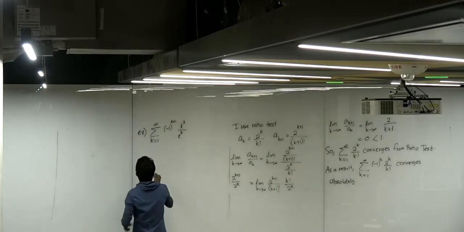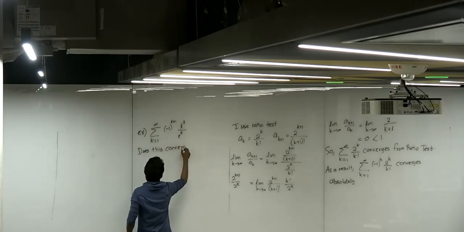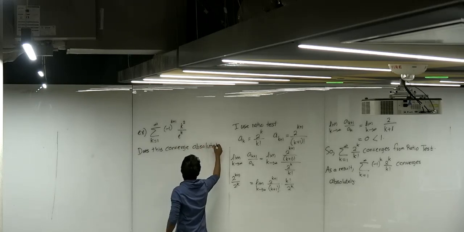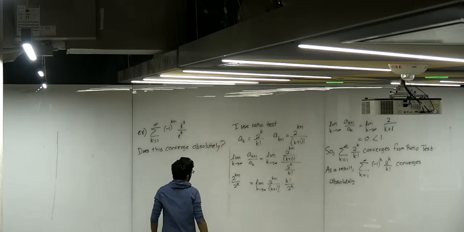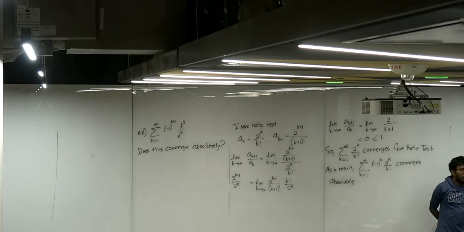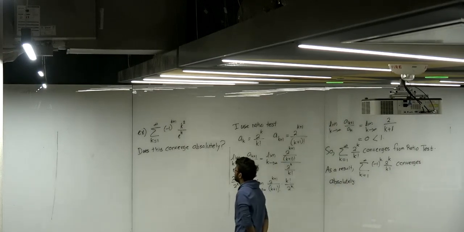So again, the problem is whether this converges absolutely. That is my problem. Again, try the ratio test, right?